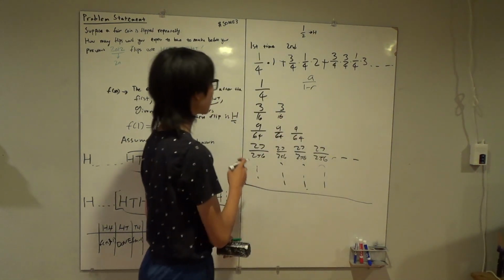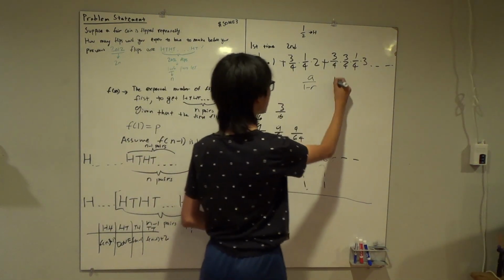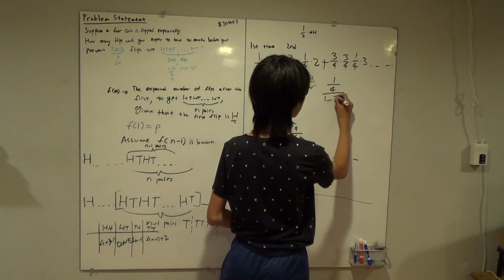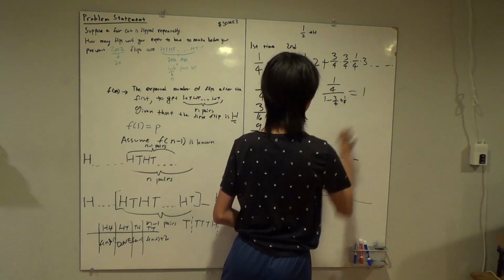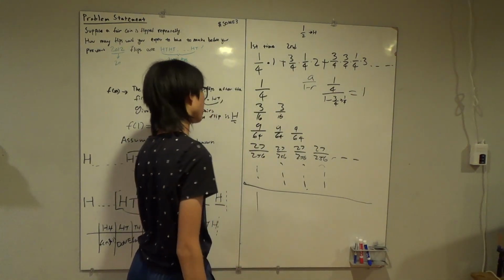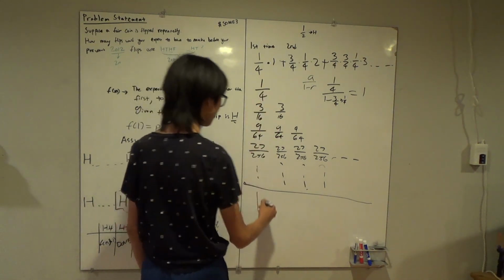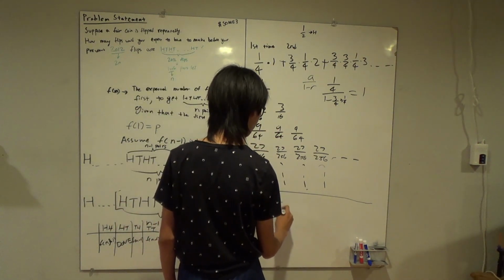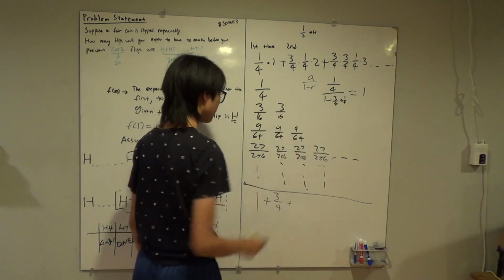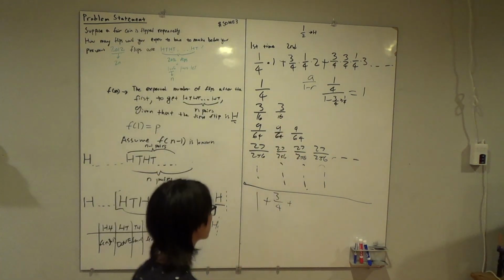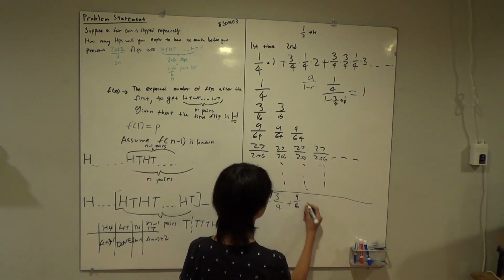We see that our common ratio is, of course, 3/4, and our first term is 1/4, so if we plug that in, 1/4 over 1 minus 3/4, that simply goes to 1/4 over 1/4, so that's just equal to 1. So our first thing adds up to 1. The second one is, of course, just the first one minus 1/4, so that is 3 over 4. The next one is just 3 over 4 minus 3 over 16. This one's a little harder to calculate, but it should go to 9 over 16.